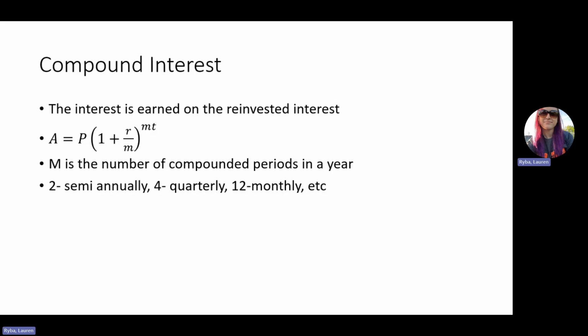The formula we have is shown here as A equals P times the quantity 1 plus R over M to the MT power. A and P are the same as they were last week. A is the future value. P is the principal, or the initial money that you put in and just let sit.